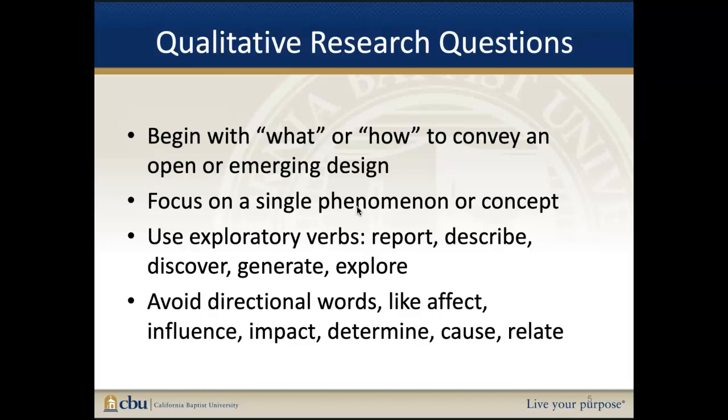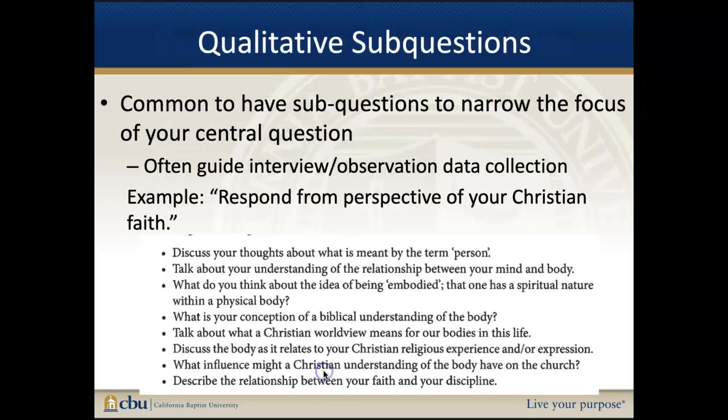Notice the exploratory and open-ended design versus a lab-based quantitative research question that would be much more action-oriented, to examine, right? To analyze. So qualitative research questions are often more emerging or exploratory in nature. And they actually avoid things like cause, effect, analysis, because they're primarily exploratory in nature.